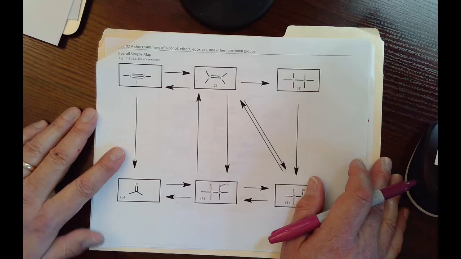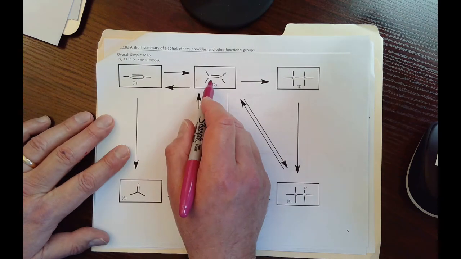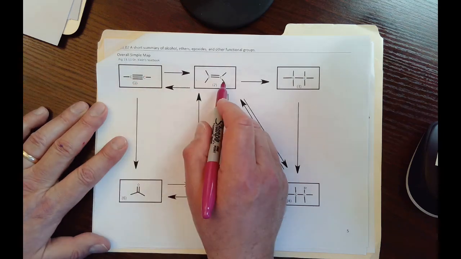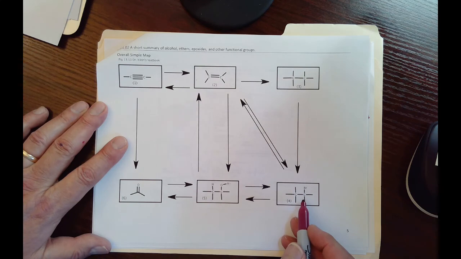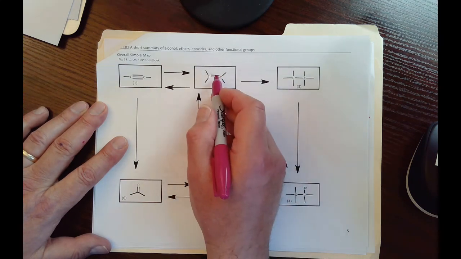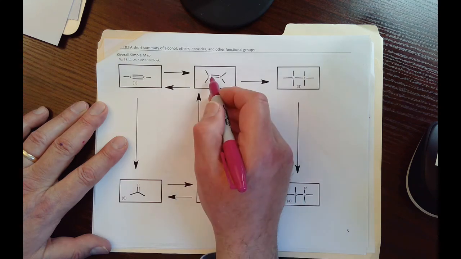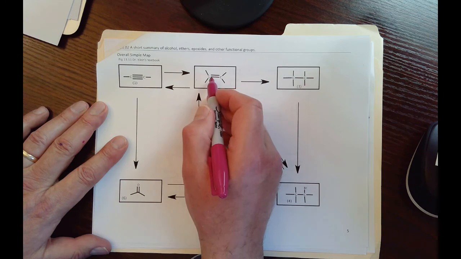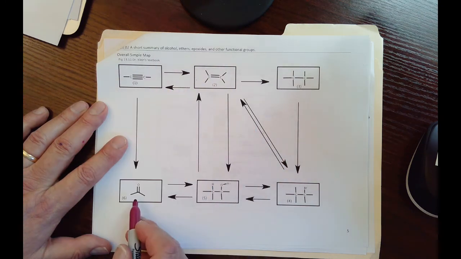This map: alkane to alkene, alkene back to alkyne, alkene to alkanes, alkanes to alkyl halides, alkyl halides back to alkene, alkene to alkyl halides, alkene to alcohol, alcohol back to alkene, alkynes to ketones and aldehydes. Thank you very much.